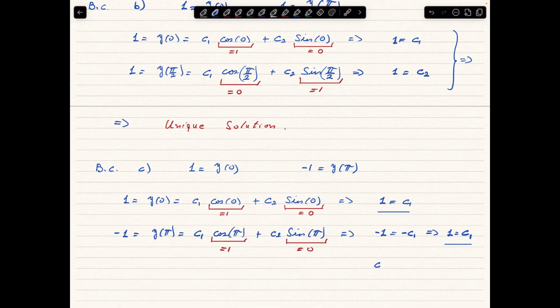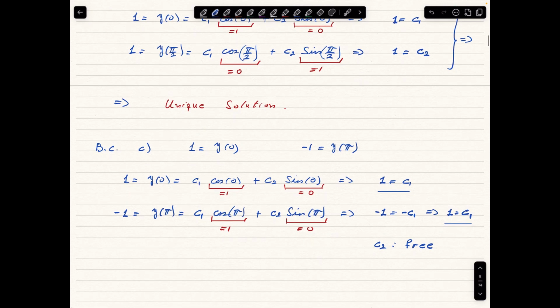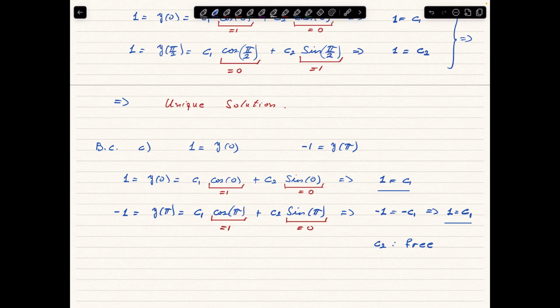So what happened with C2? It's not fixed by this condition, so it's totally free. And what all this says is that we have infinitely many solutions, because C1 is fixed, but we have one solution for each value of C2.